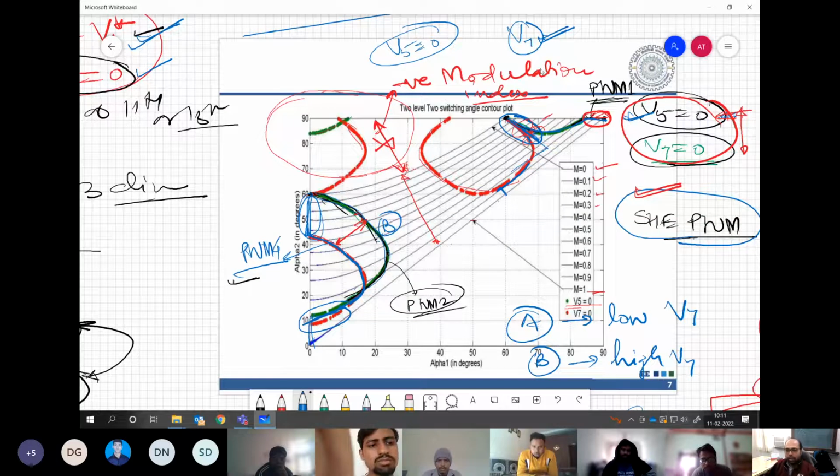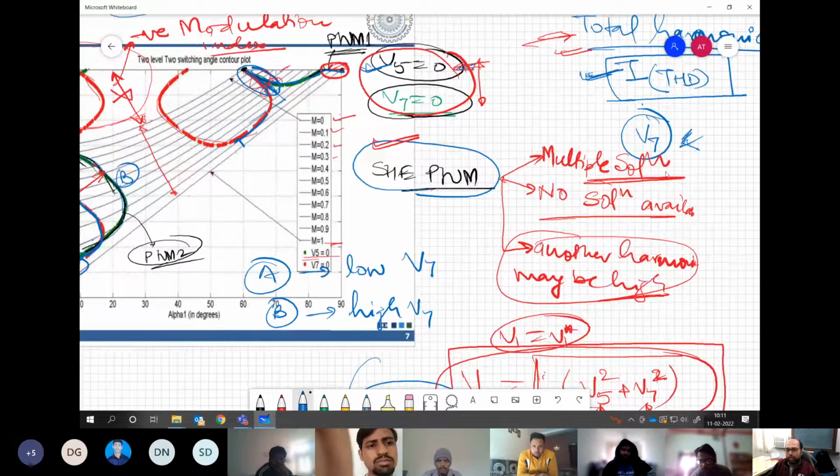First of all, it has multiple solutions, so we need a second parameter to decide which one to choose. Then solutions are not available for the complete range, particularly for higher modulation index. And then if we are trying to eliminate one harmonic, sometimes another harmonic may become very high. So seeing all these difficulties, we have gone to better methods.